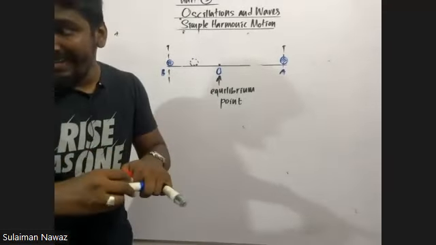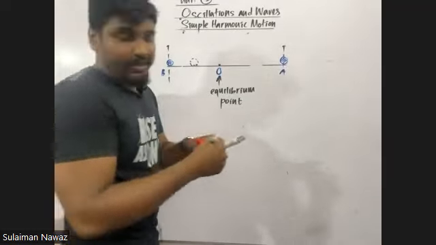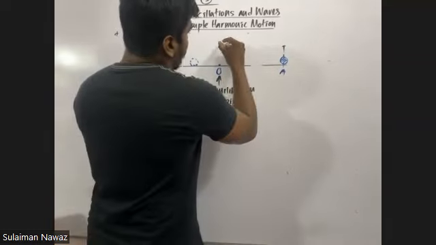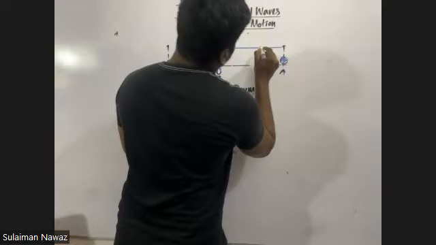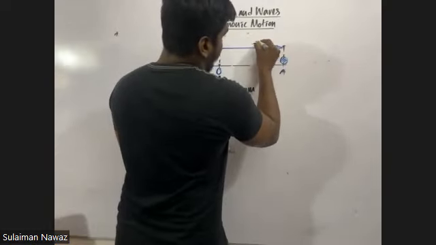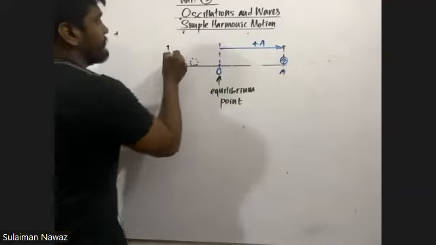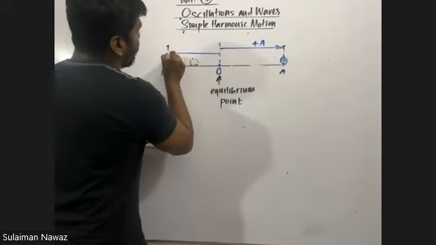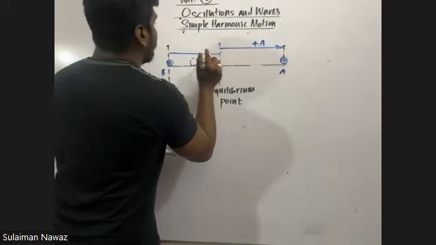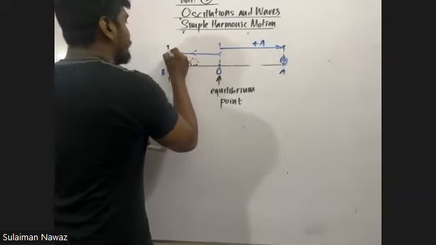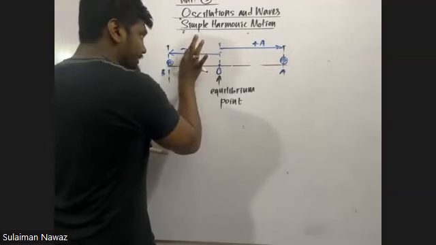So I think you guys understand, right? Okay, then I can mark something like this. This is positive amplitude, this displacement, plus capital A. This is negative amplitude, minus capital A. Amplitude is a distance, right?